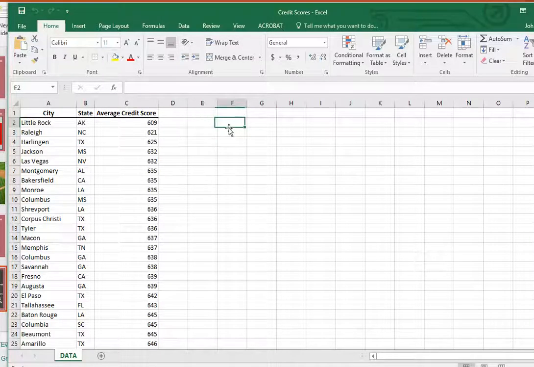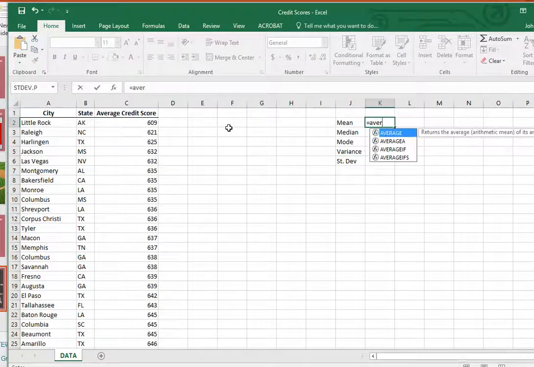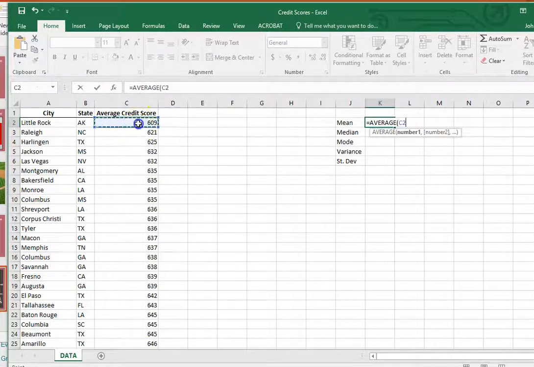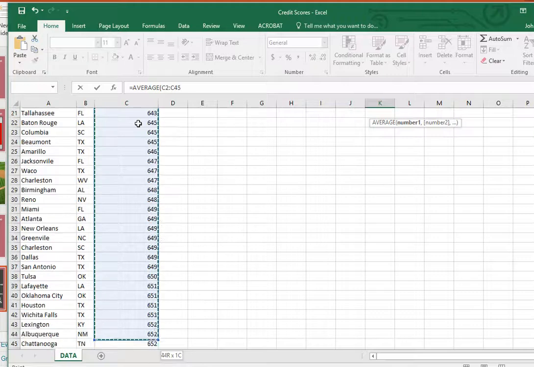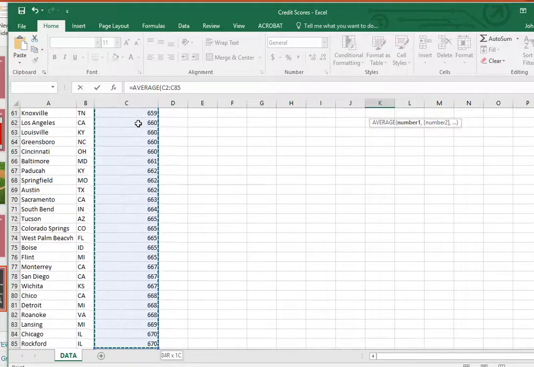I'm going to put over here a mean, median, mode, variance, standard deviation, right? And I'm going to do all the formulas, equals average. The directions will be clear whether this is a population or a sample. Okay, I'm looking at, what is this, credit scores?